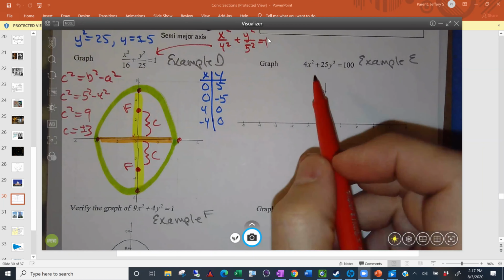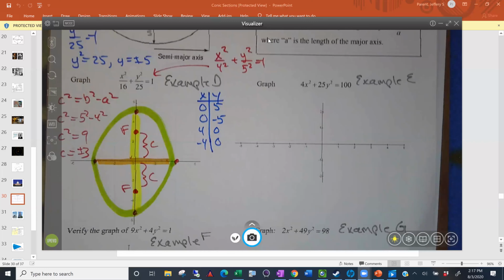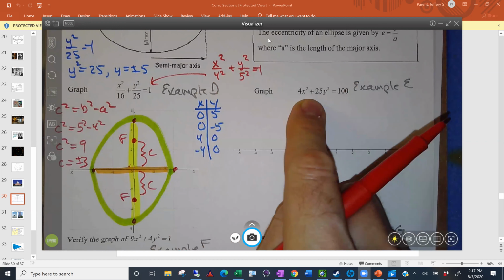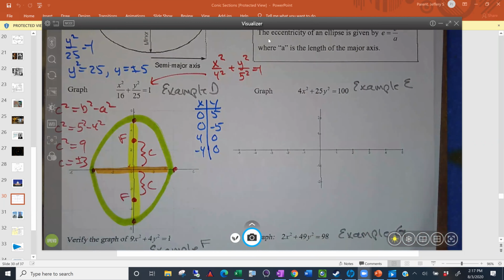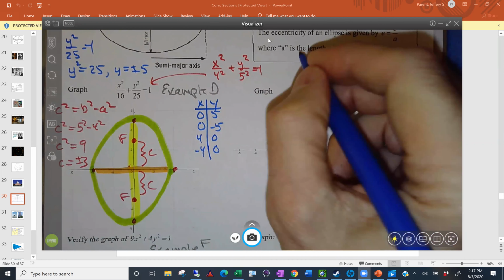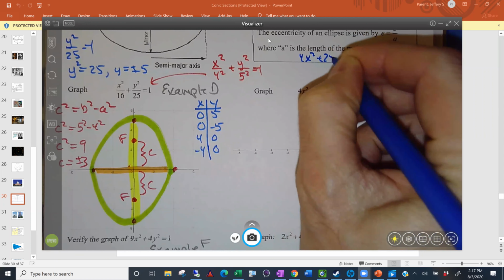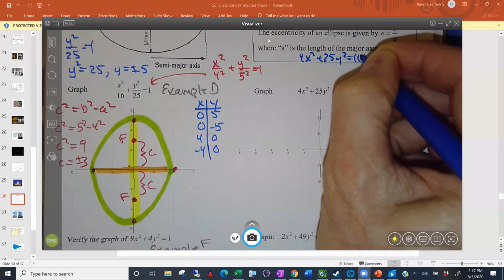Let's do another one. Now it's kind of handy to have things in this form. And right now, this problem is not in that form. So what I could do with something like this is, let's see, 4x squared plus 25y squared equals 100.